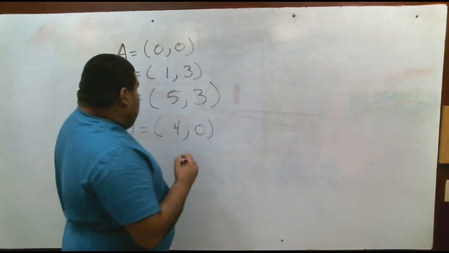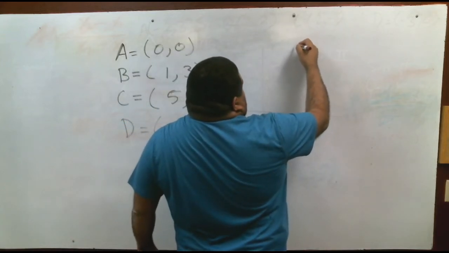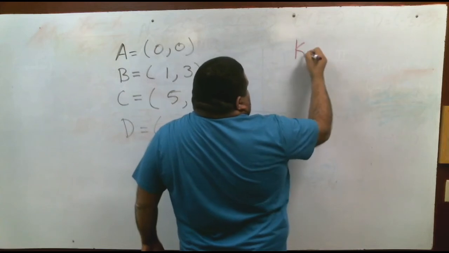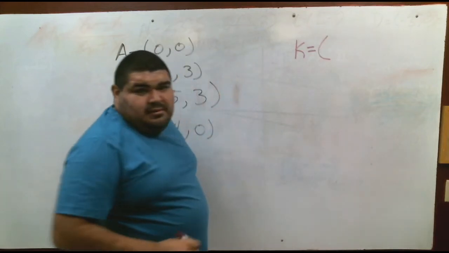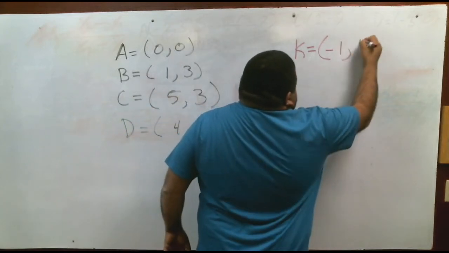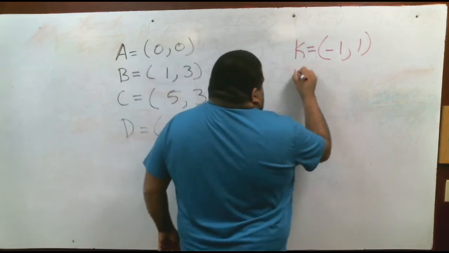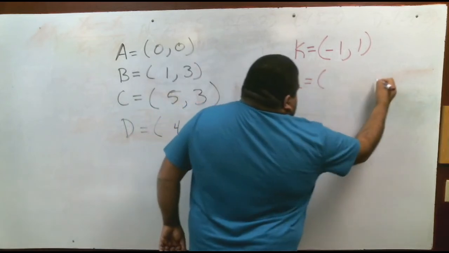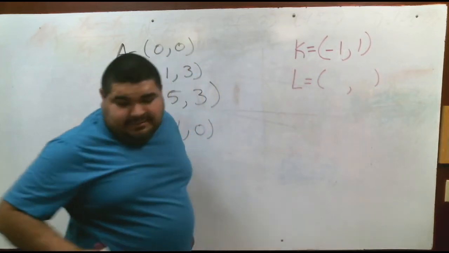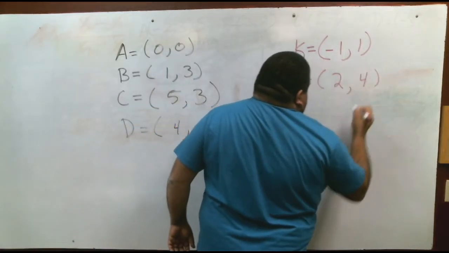we have K is at -1 and 1. Okay? L is located at 2, comma, 4.